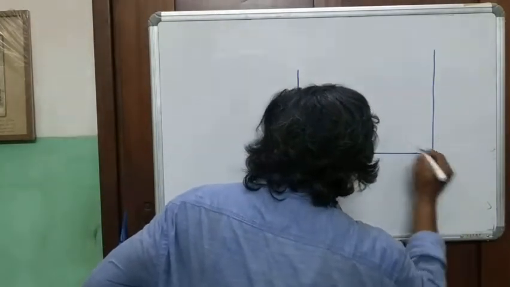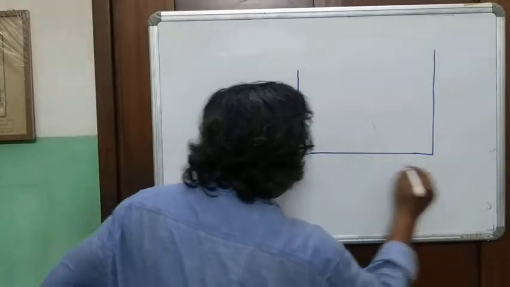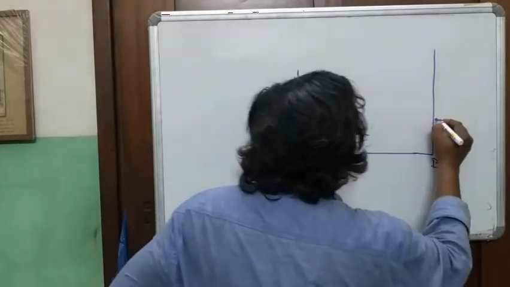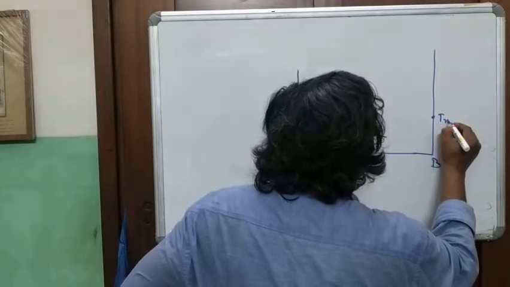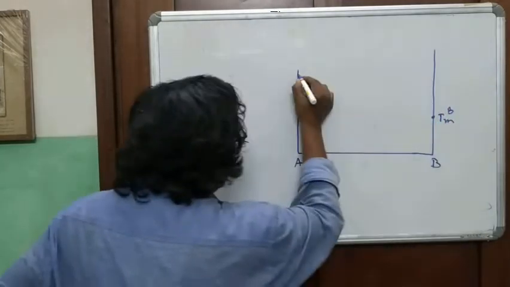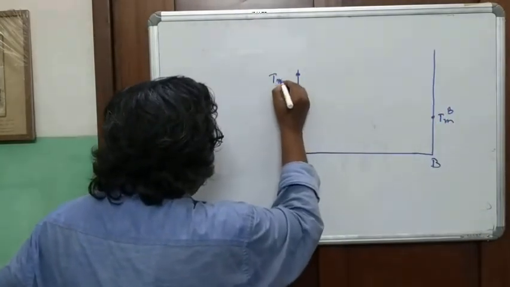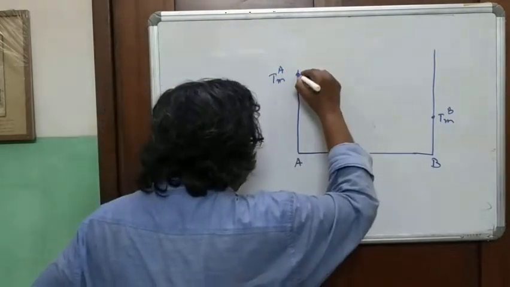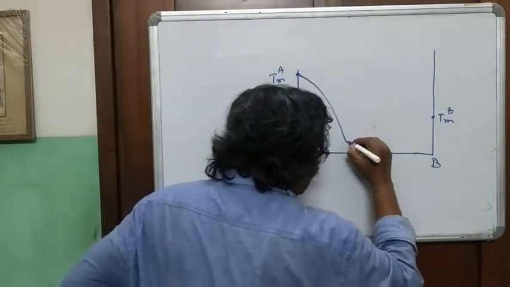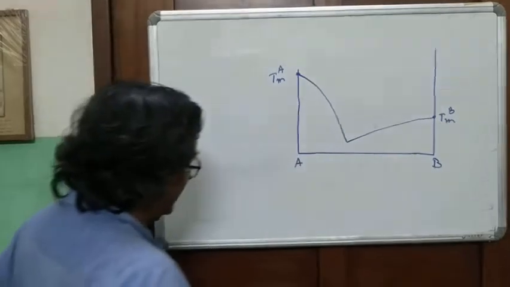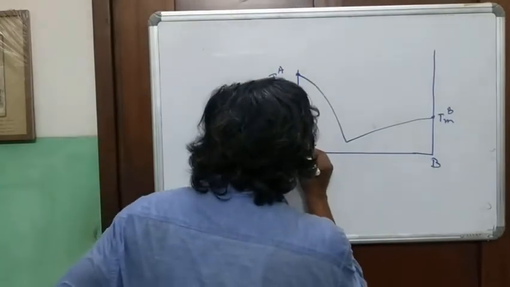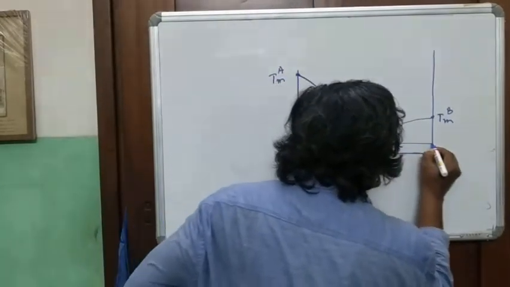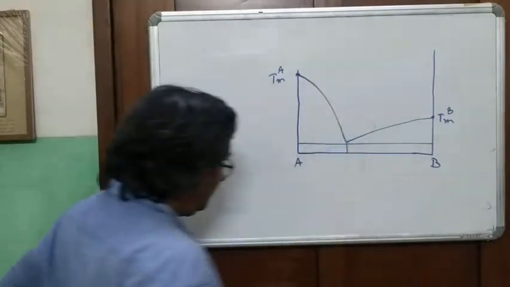And so this is A, B, temperature of melting of B, temperature of melting of A, and you can have a diagram like this. I have changed the diagram a bit.